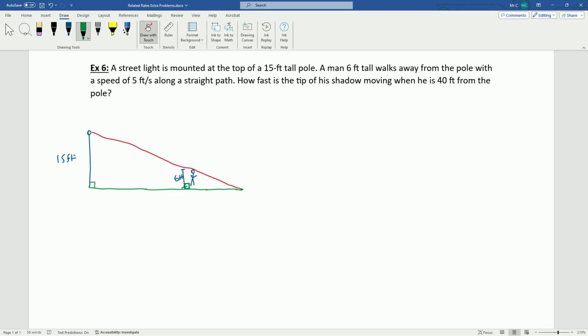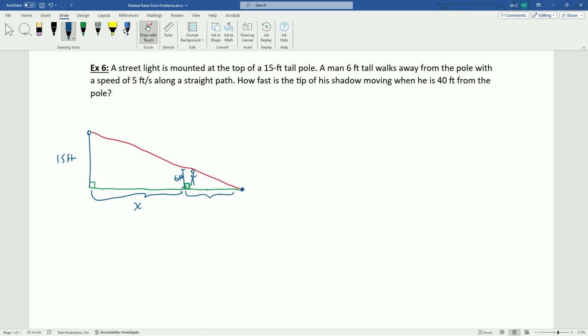And what do I want? I know that the person is moving away from the pole with a certain speed, so let's label the distance from the pole. That's x. And we also have to figure out something to do with this point where the top of his shadow hits the ground.